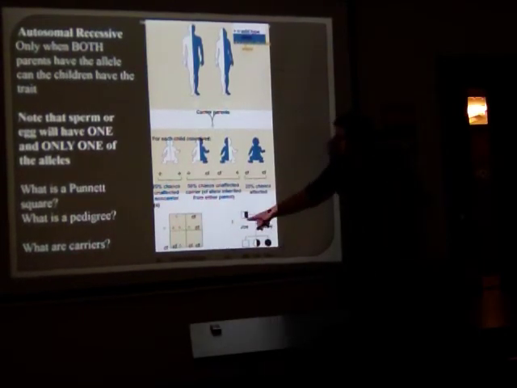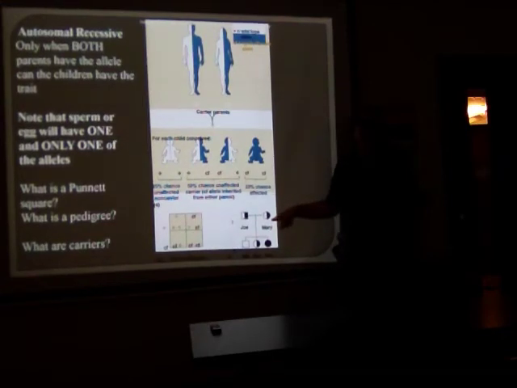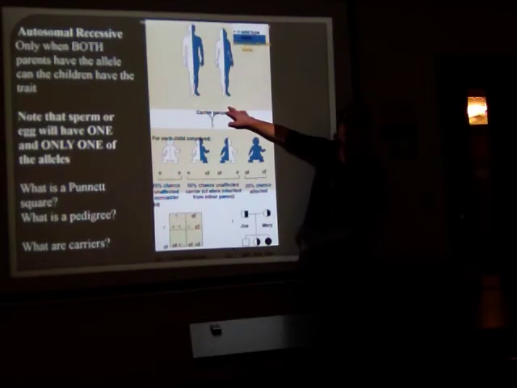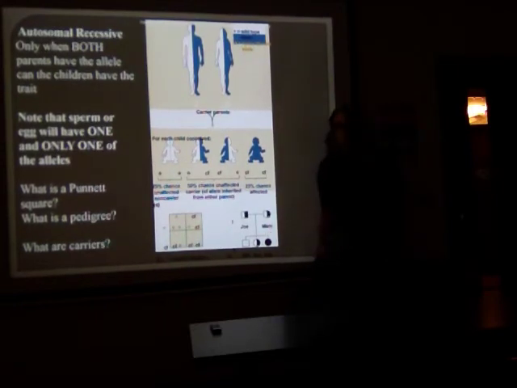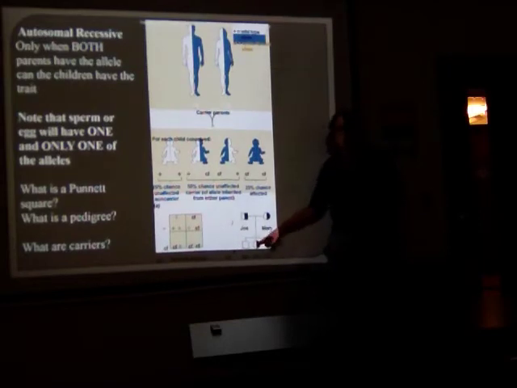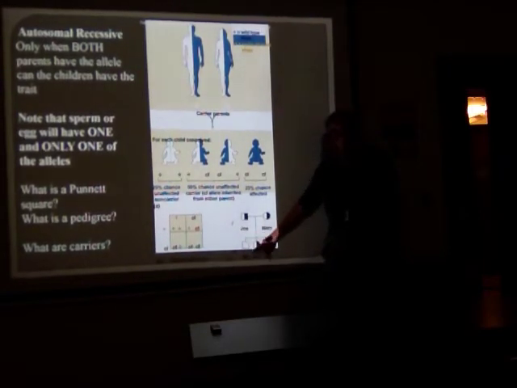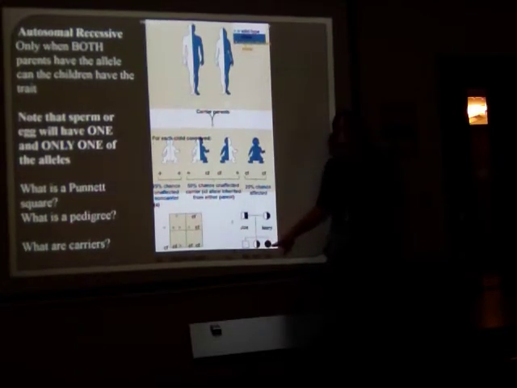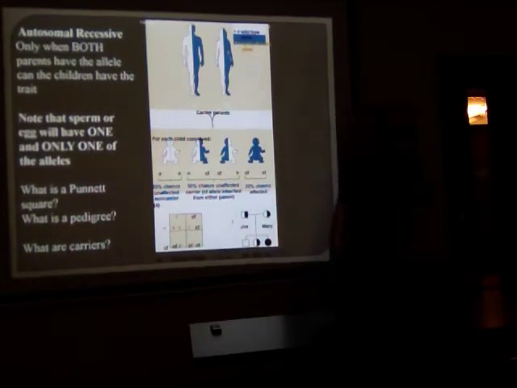So in this situation, Joe and Mary, as carriers, because that's what we call heterozygotes, they carry the recessive allele. Those carriers had 3 kids. Well actually 2 were normal, and 1 had the disease. 1 was homozygous dominant, 1 was a heterozygote, and 1 was homozygous recessive. All right?